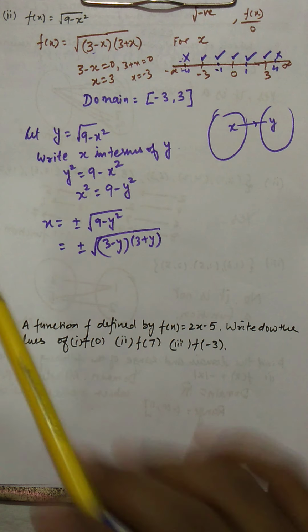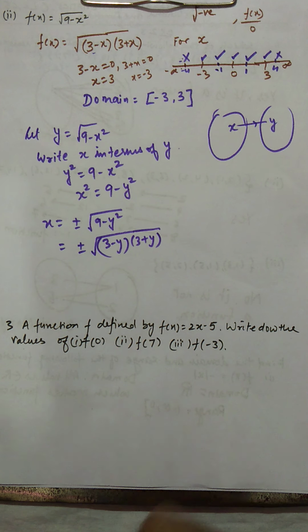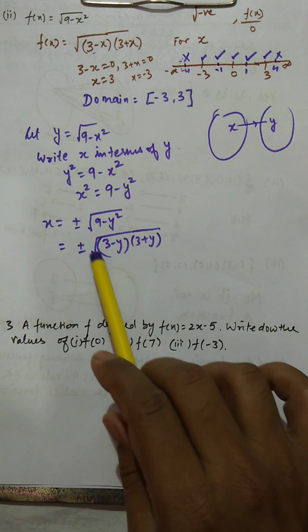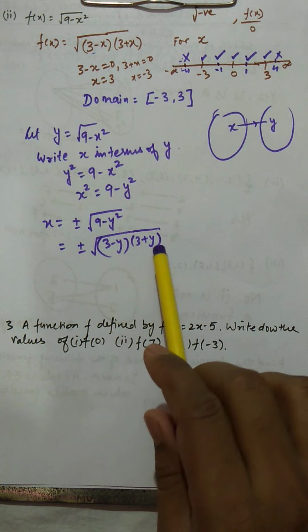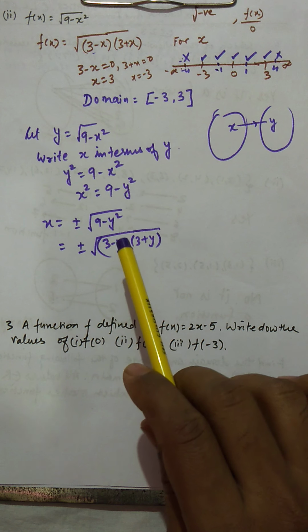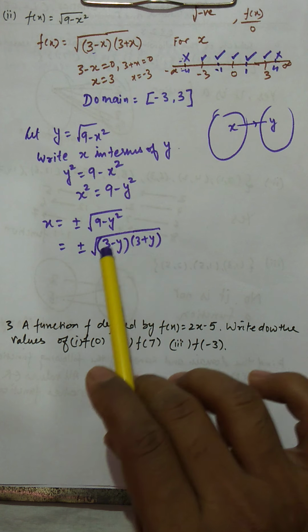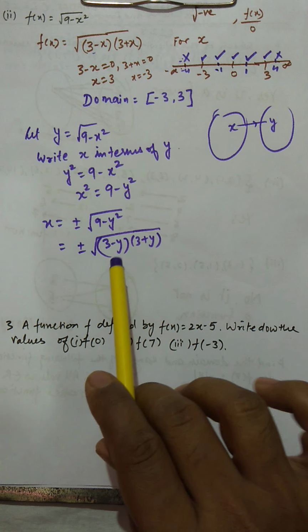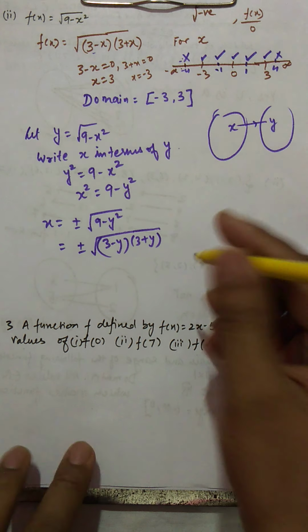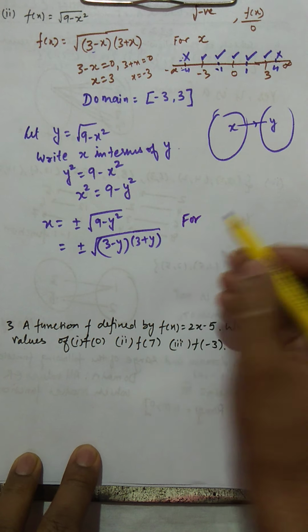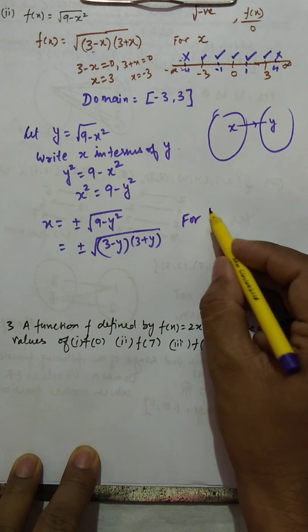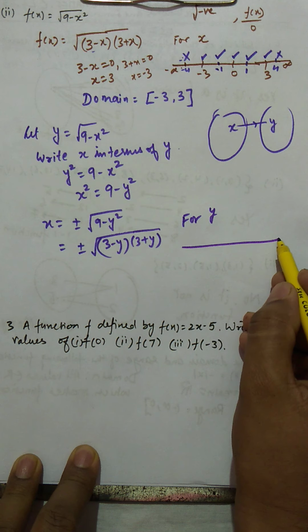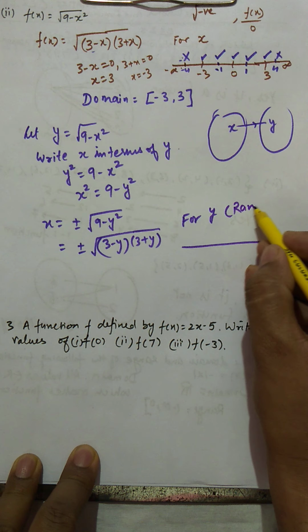Now when you write x in terms of y, you always make sure that your factors can be converted into linear factors in terms of y. If you cannot convert them into linear factors in terms of y, then we have to use some other method. Now this time again we'll draw a number line, but this number line will be for y. Y means your range.